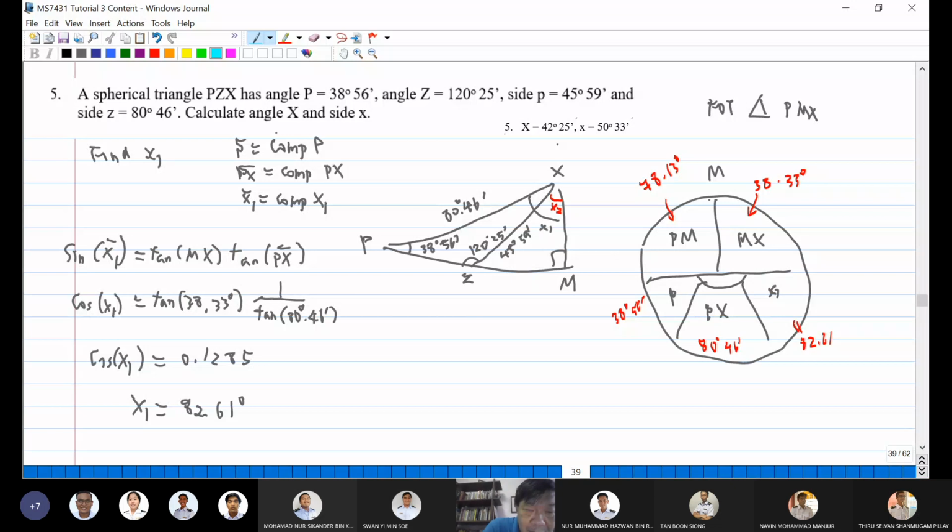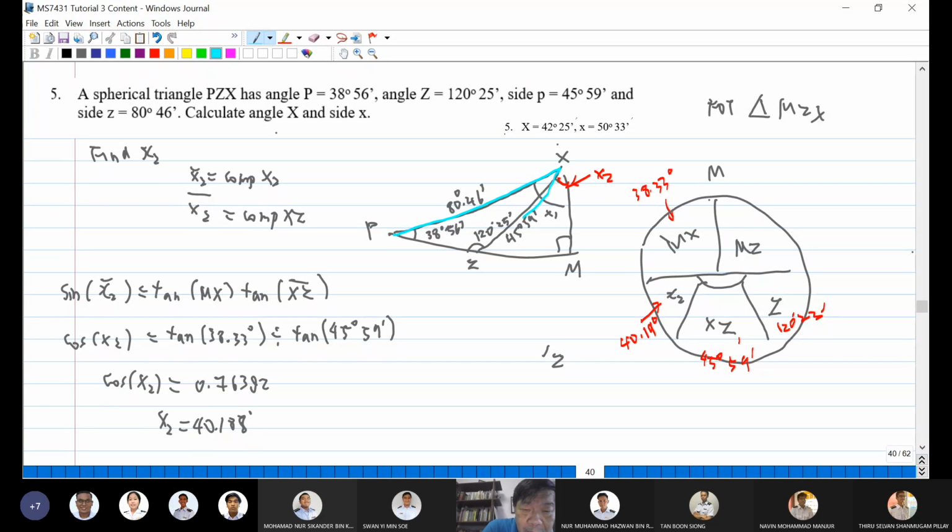MZX, this one, small triangle. So what I want to find now is the small angle x2. Okay, so MZX, sorry, MZX is not this one. MZX is this one.